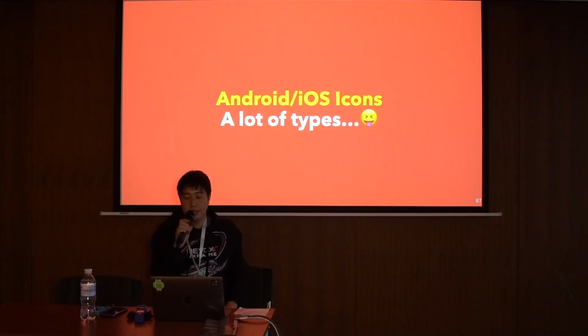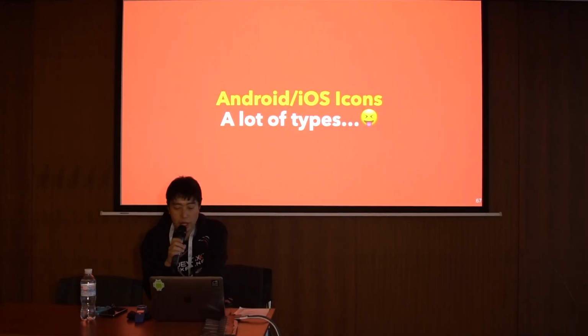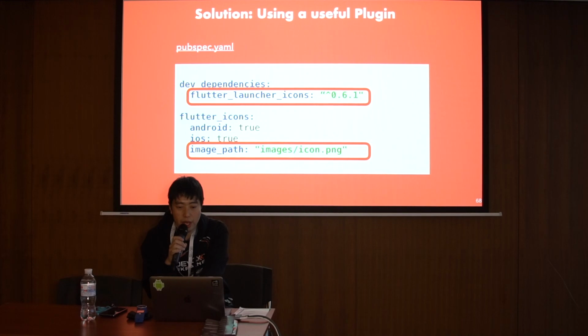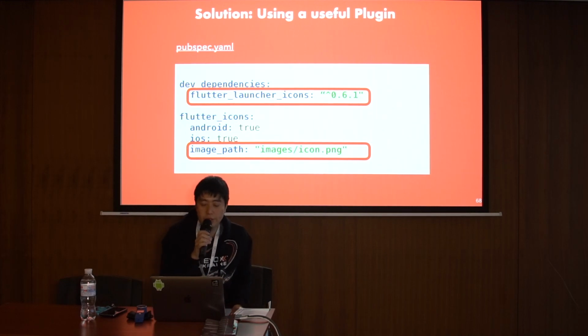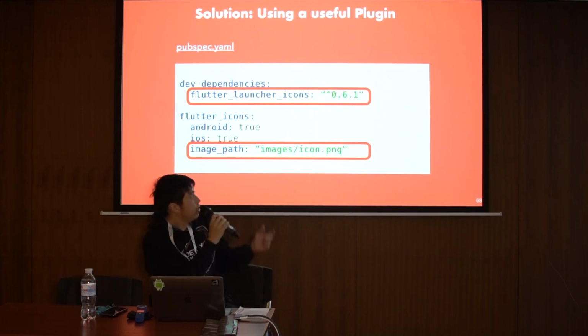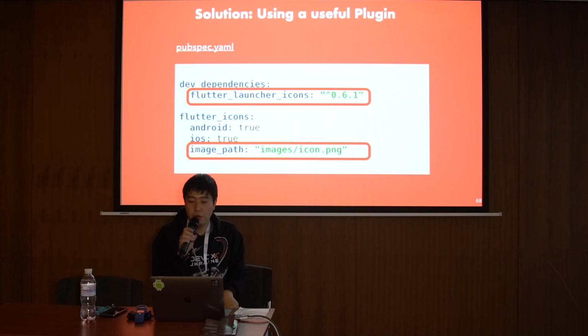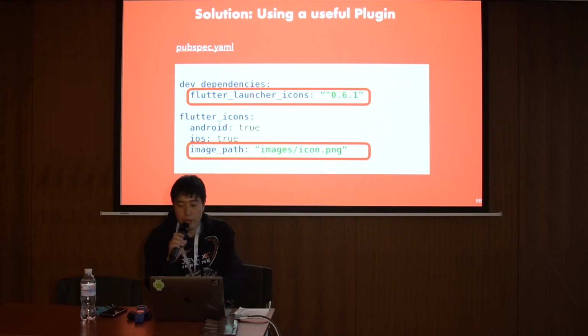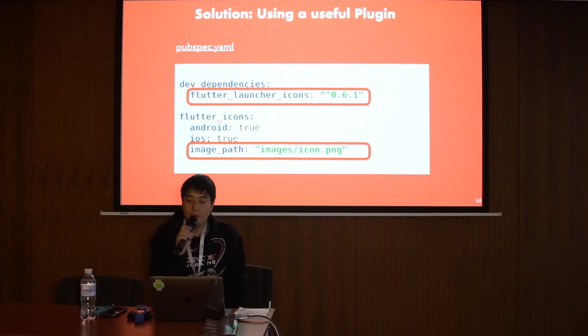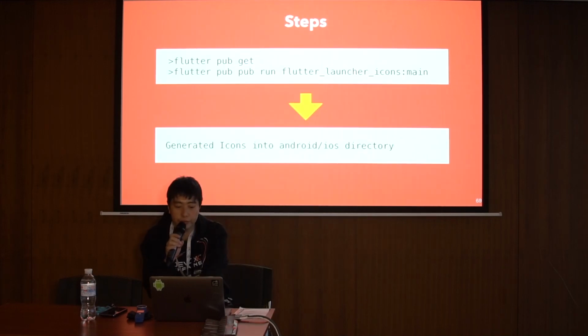And iOS requires application icons in a lot of sizes. Here is a solution. By using the useful Flutter package Flutter launcher icons, this package is very, very useful. By using this plugin, we can easily generate application icons.